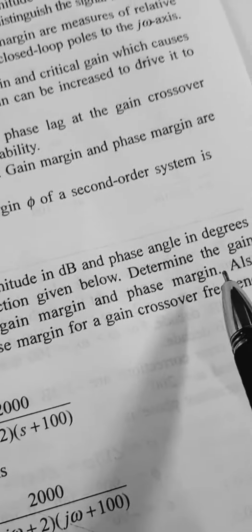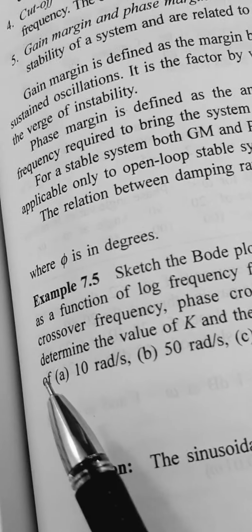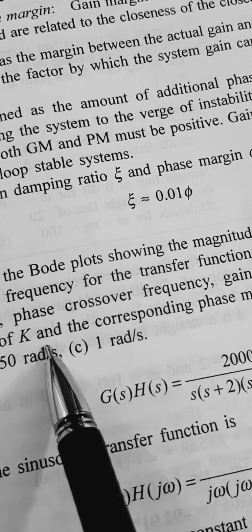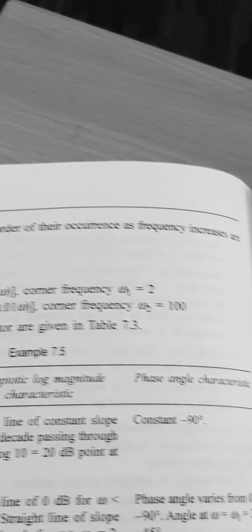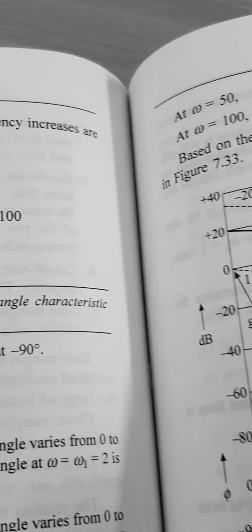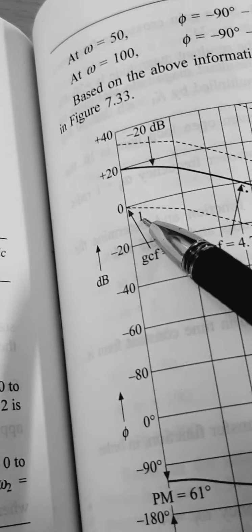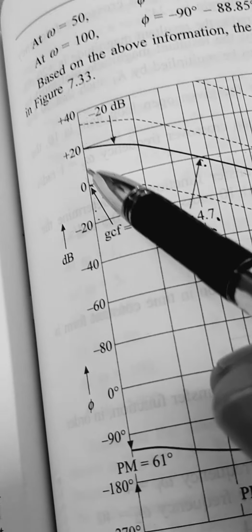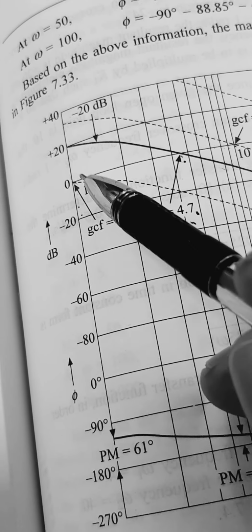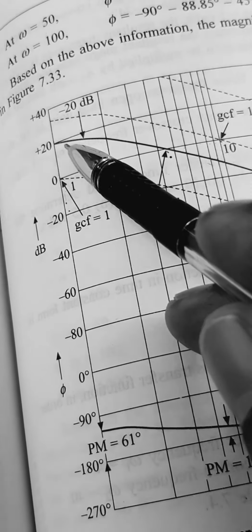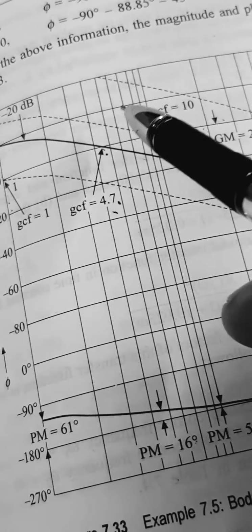The question is to determine the value of K and the corresponding phase margin for the gain crossover frequency omega equal to 1. In order for this line to cross at omega equal to 1, you have to shift it down. So you will get this graph.